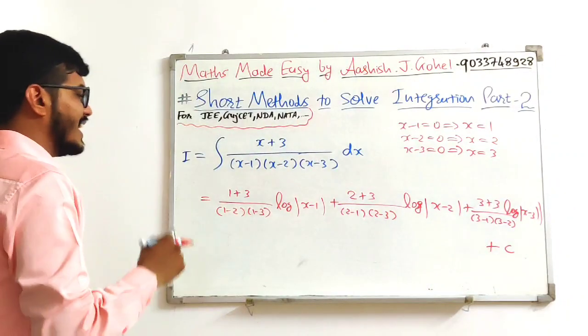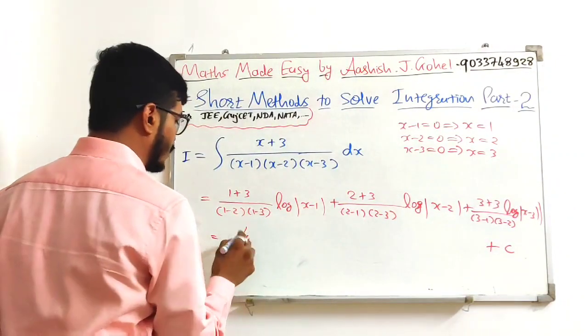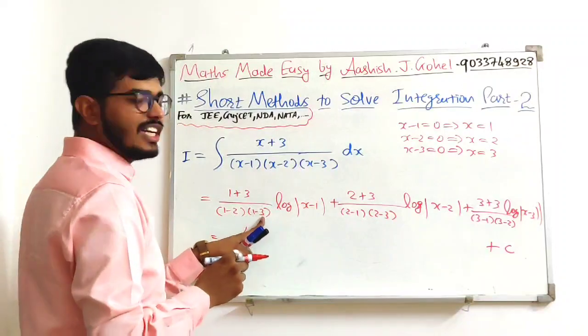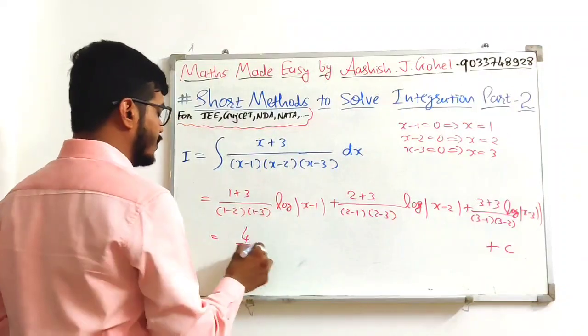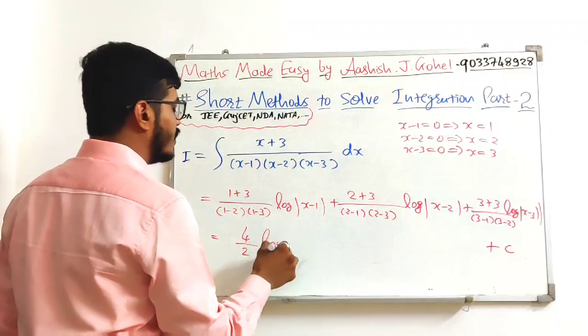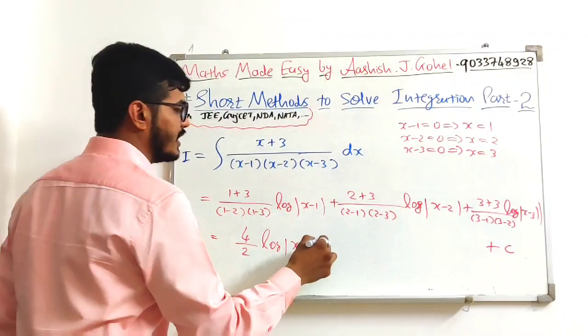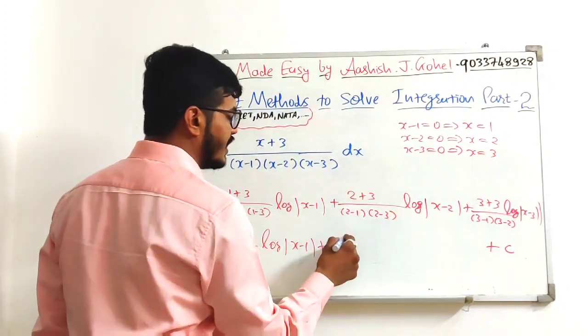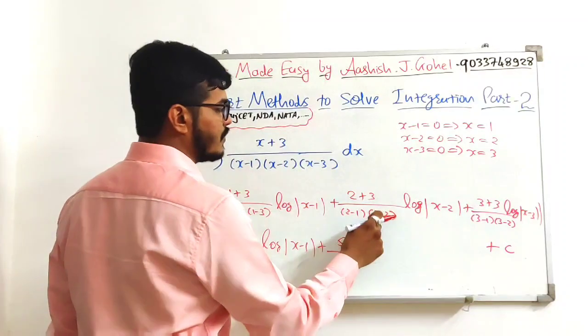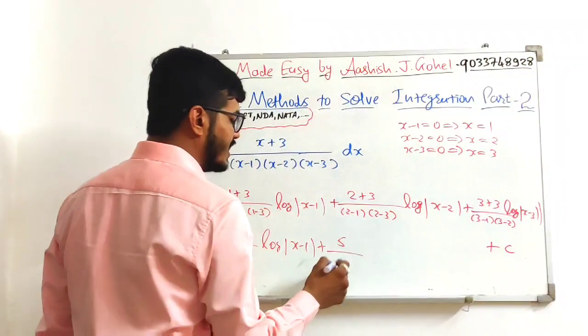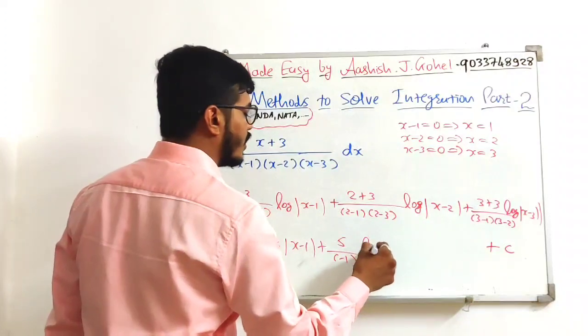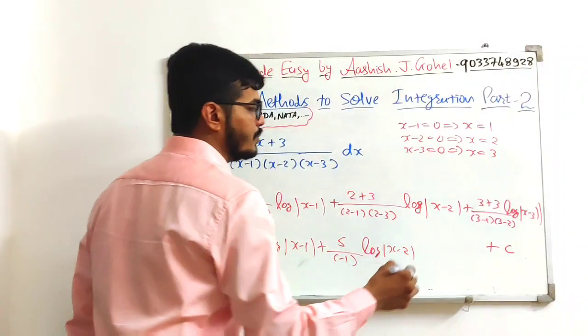We can simplify this. Here 4 divided by (minus 1)(minus 2), and that will give you 2 log of x minus 1. Plus here 5 divided by (2 minus 1) which is 1, (2 minus 3) which is minus 1, log of x minus 2.